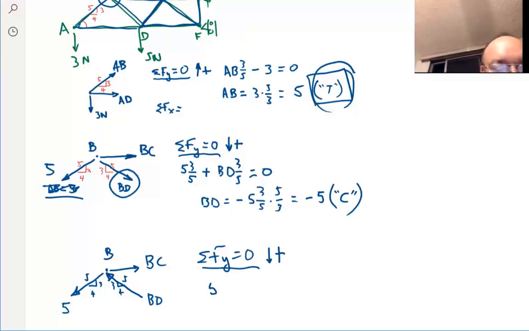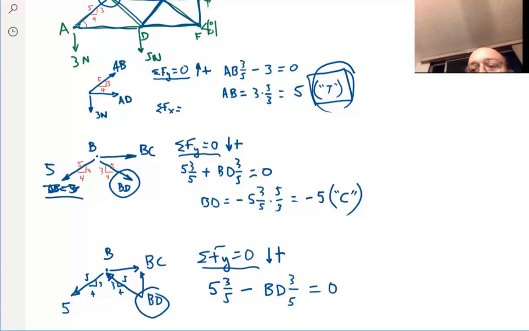Then 5 multiplied by 3 over 5. BD is going up. The component in the y direction of BD is going up, so it will be negative, right? Yeah. So negative BD times 3 over 5 equals 0, right? Yeah.